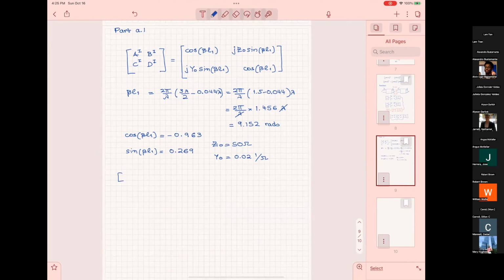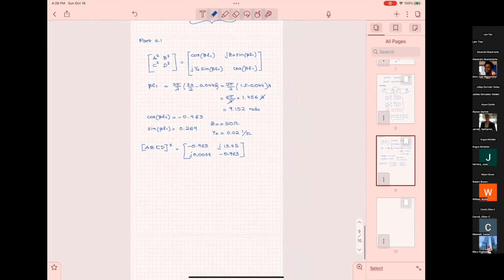I find that ABCD 1 is equal to minus 0.963, j times 50 times 0.269, let's say 13.45, and then 0.269 divided by 50, that makes it j 0.0054, and then minus 0.963. That's how we found the first matrix.